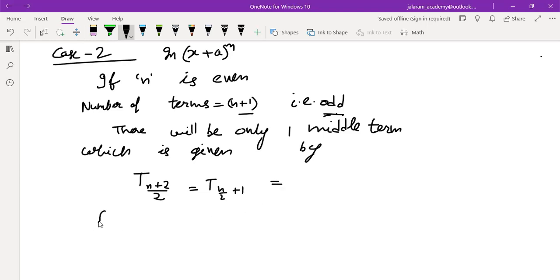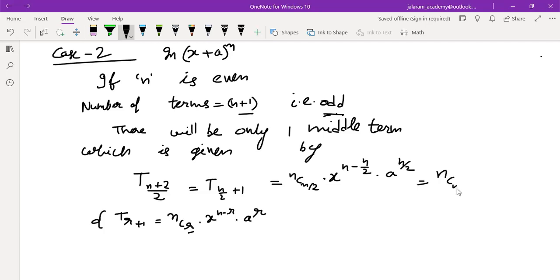Now if we compare it with T(r plus 1) equals nCr into x to the power n minus r into a to the power r, in place of r, it is n by 2 only. So we can also write nC(n by 2) into x to the power n minus n by 2, that is x to the power n by 2, into a to the power n by 2.